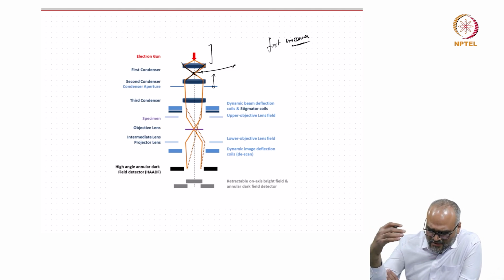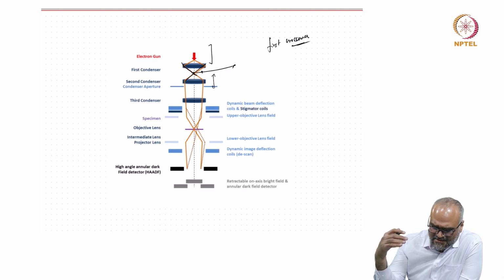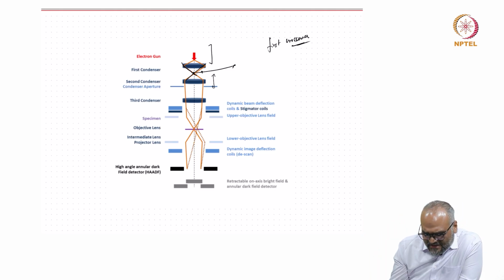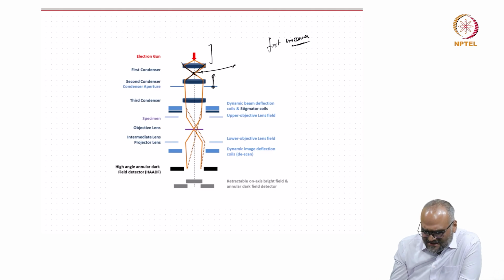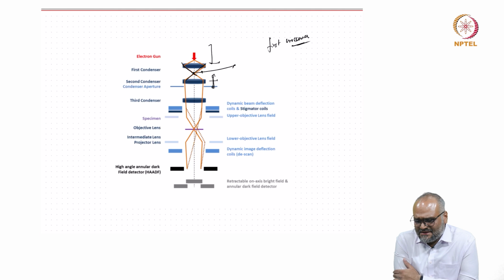So, just below the electron gun, I have the condenser lenses, which is also a part of the illumination system of the microscope, and these electron lenses are actually electromagnetic lenses, and by simply changing the strength of these and also changing the strength of the first condenser lens here, I can have a nice interplay between looking at where the crossover point is.